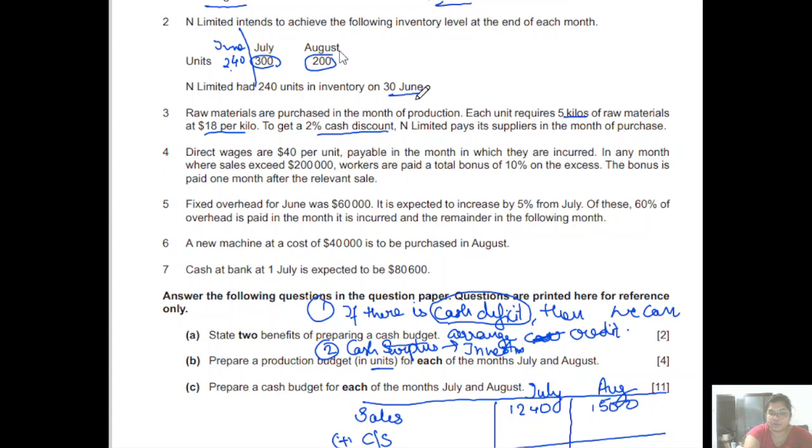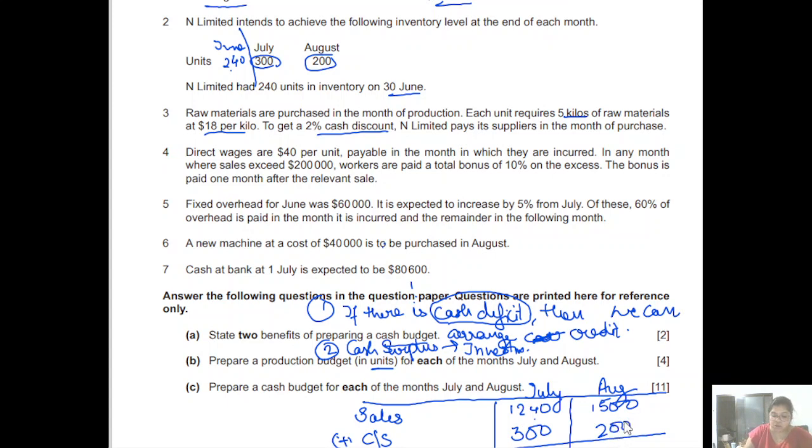So I'm going to write this out. Closing stock for the month of July is 300 and for the month of August is 200.